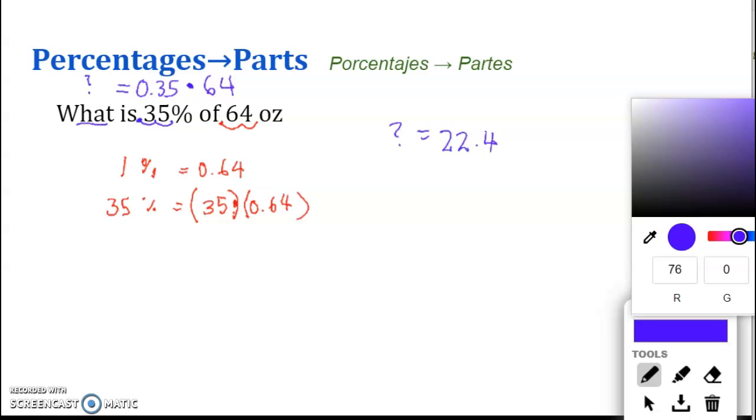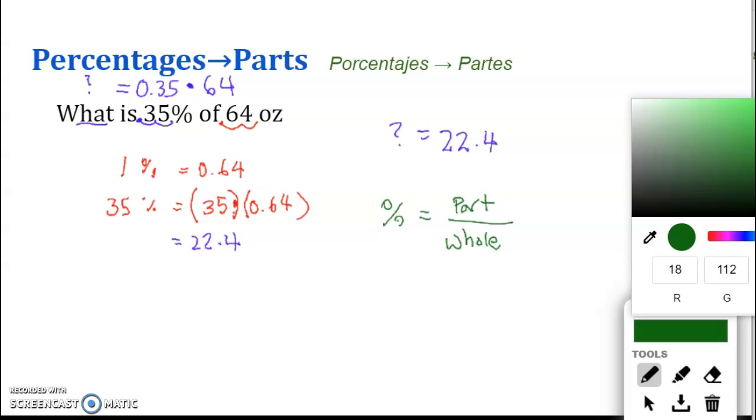And that is actually the same answer that you would get. Another way to solve this is considering what a percentage is. Percentage is always part of something over whole. So part of something is what we are being asked.